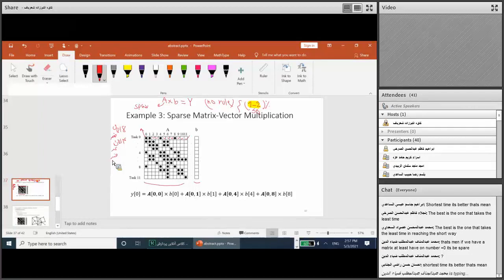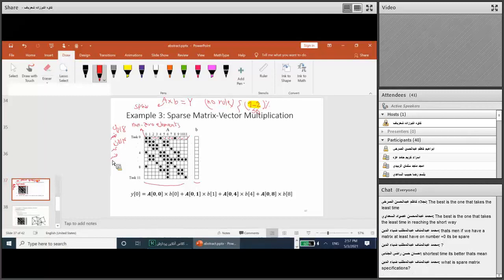This solid circle shows the non-zero elements. You can see one of its specifications here.